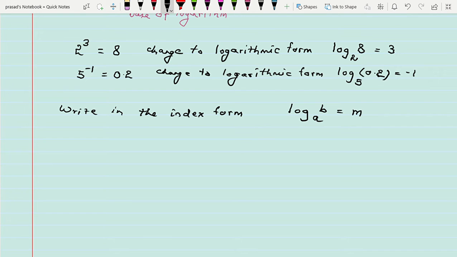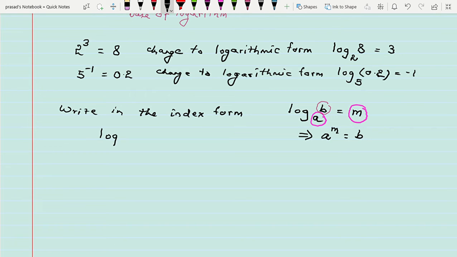Then when you change to index form, a becomes the base of the index form. So this a is the base. Whatever is the value in the log form m, that will become the index in the index form, and the number whose logarithm is taken b, that is the value in the index form. So a to power m is equal to b.